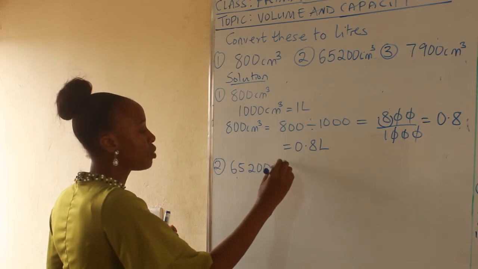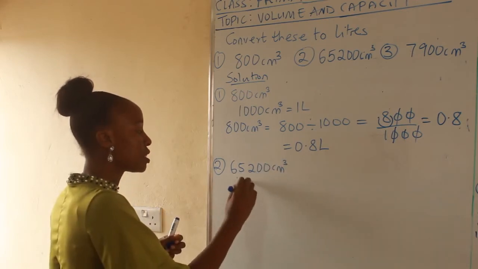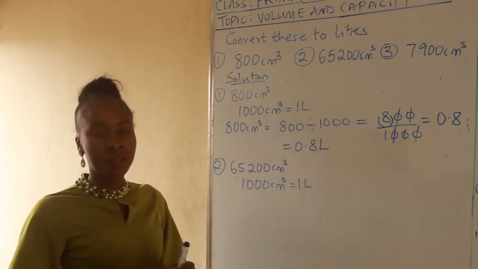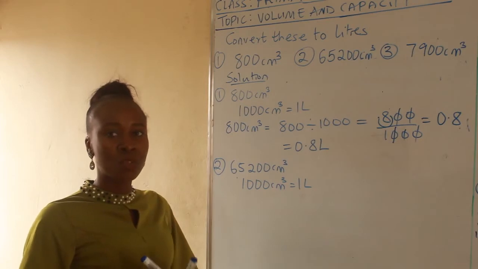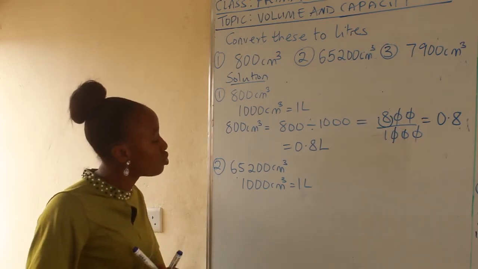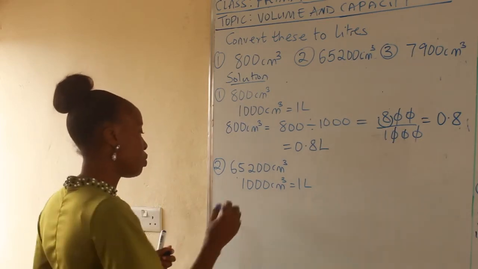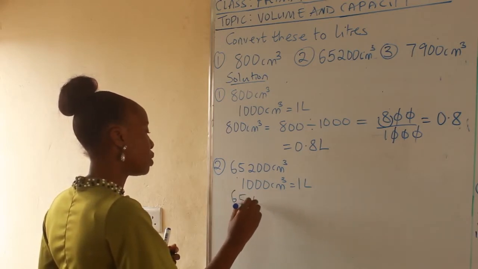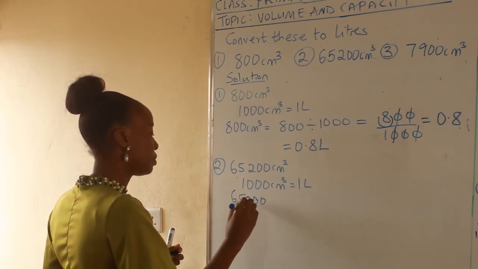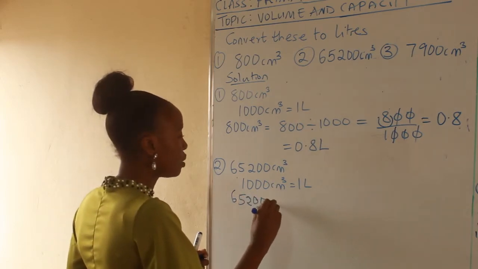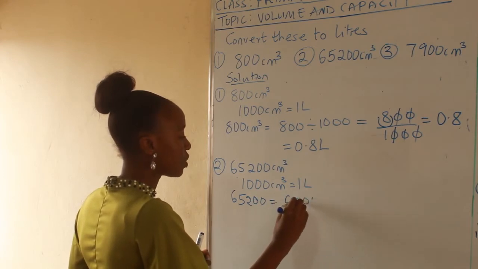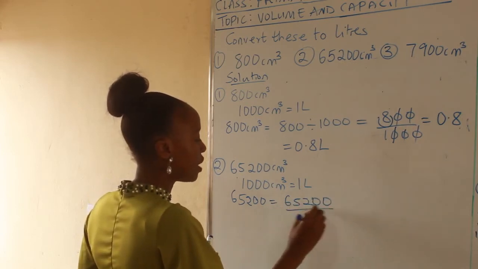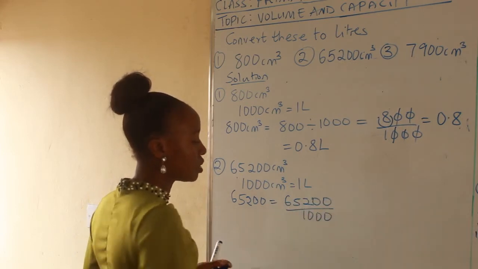65,200 cm cube. And the relationship is that 1000 cm cube equals 1 liter. And like I said, we're expected to divide 65,200 by 1000. So we have 65,200 is equal to 65,200 divided by 1000.